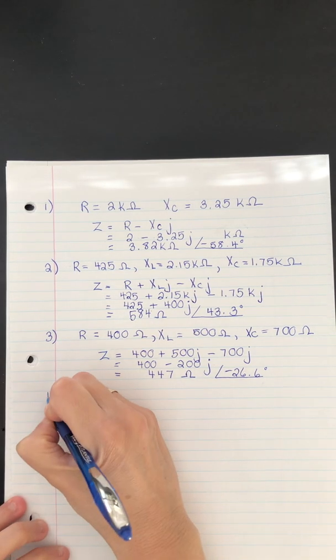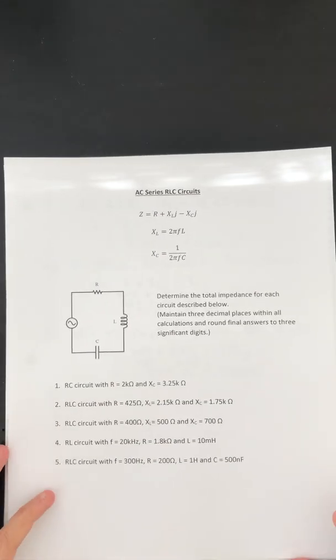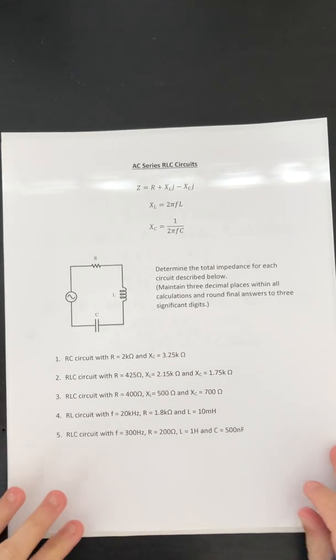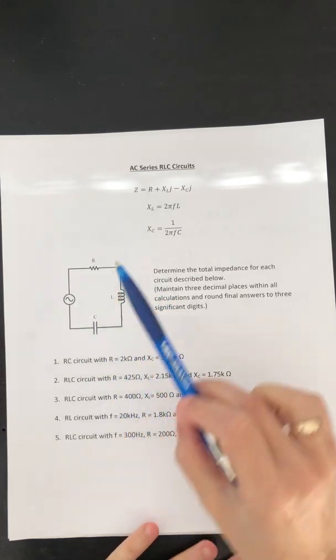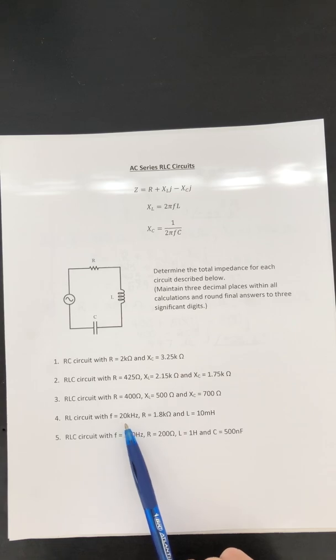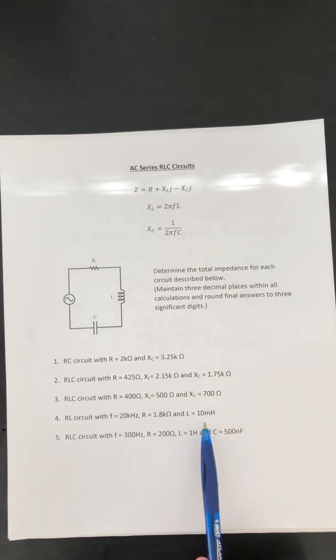All right, next problem. All right, so take a look at problem 4. Now we have an RL circuit. So this means no capacitor, just the resistor and the inductor. The quantities are given: 20 kilohertz for the frequency, a resistance of 1.8 kilo ohms, and an inductance of 10 millihenries.